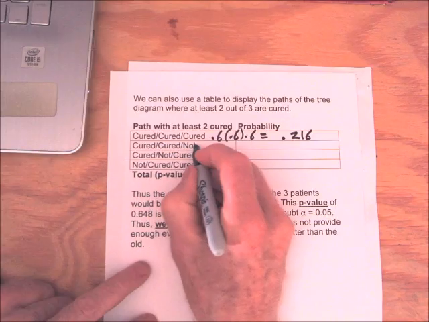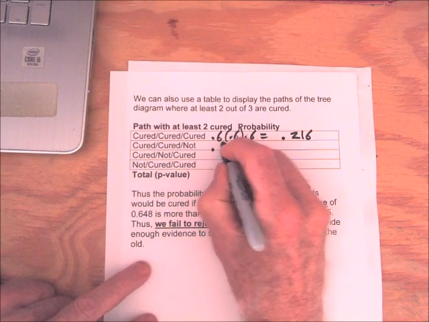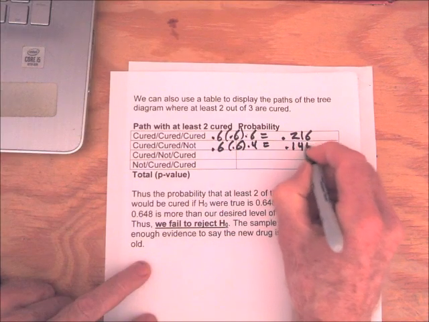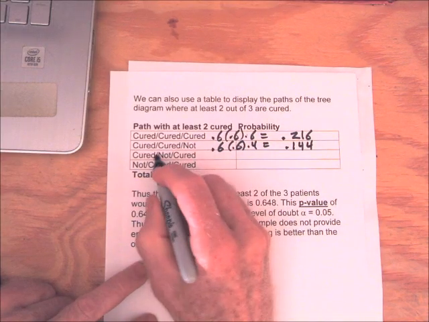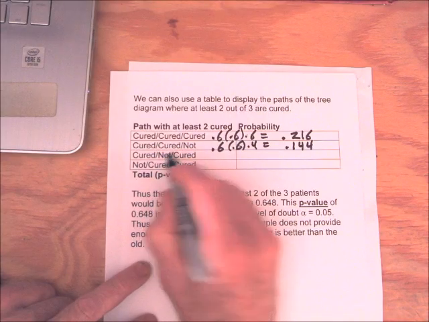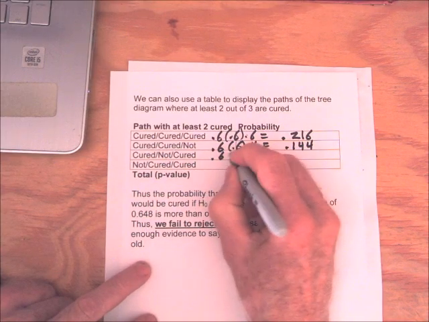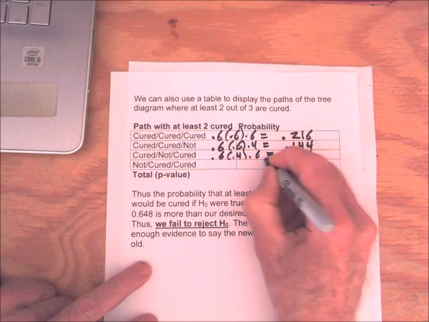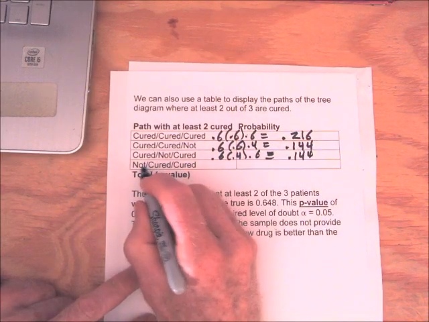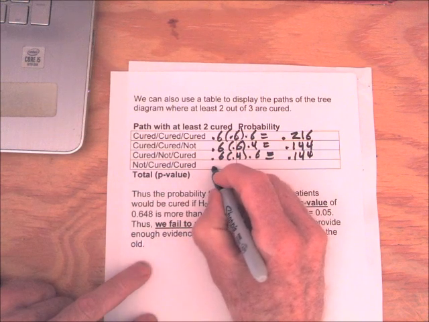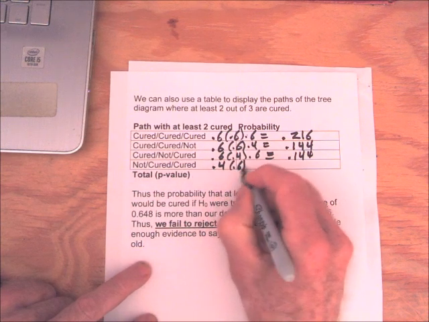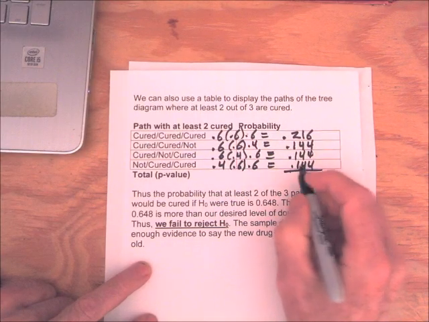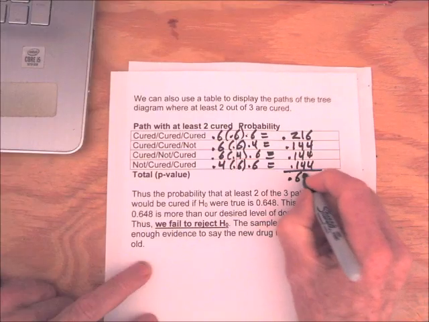The first 2 are cured, the third one's not: 0.6 times 0.6 times 0.4, 0.144. The first and third are cured, the second one is not: 0.6 times 0.4 times 0.6, 0.144. The first patient is not cured, the last two are cured: 0.4 times 0.6 times 0.6, 0.144. The total gives the p-value of 0.648.